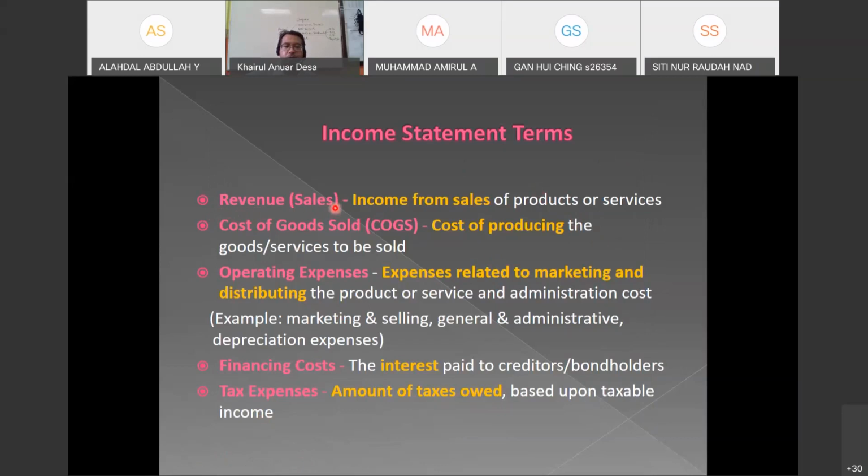What is the revenue or sales? Okay, what is the revenue or sales? Okay, the second one, you must know in this real economy or real life out there are two types of company. Number one, company that produces or manufactures products.